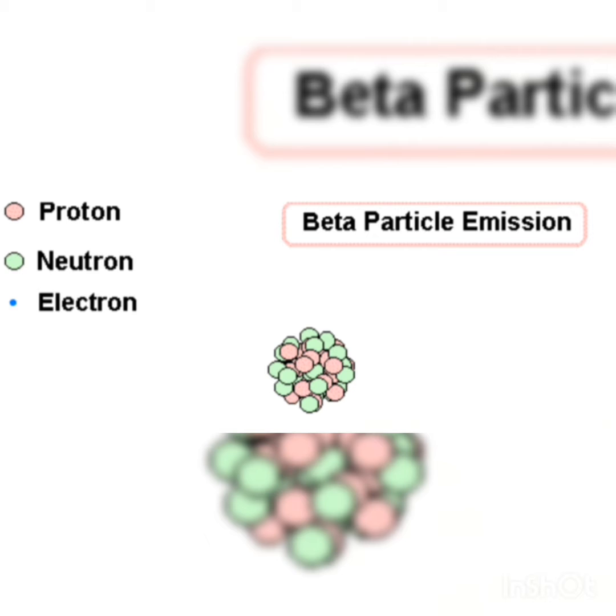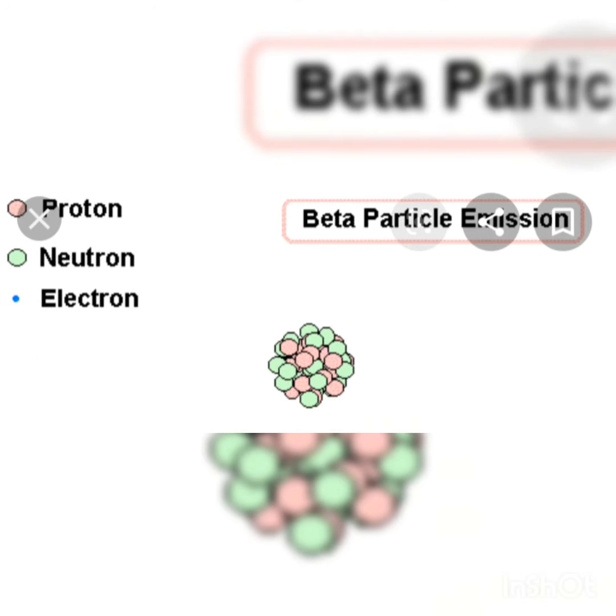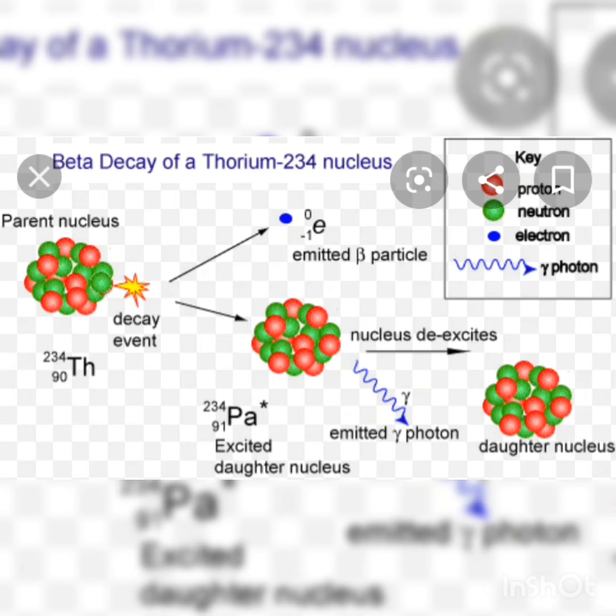Beta particles are fast moving electrons emitted from the nucleus of an atom. A beta particle has exactly the same structure as an electron, with mass number 0 and charge -1.